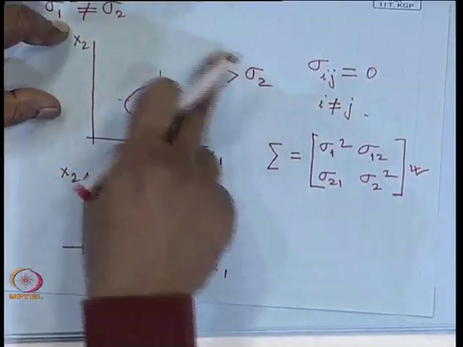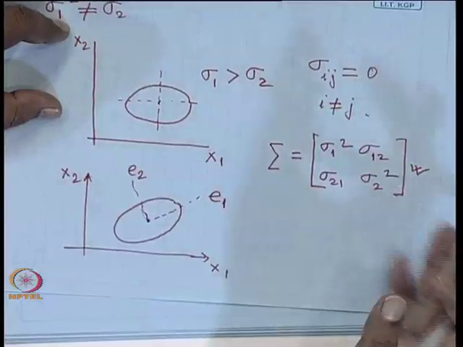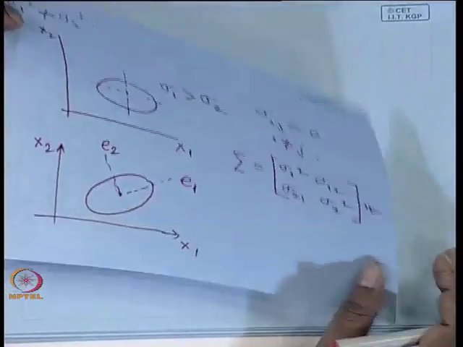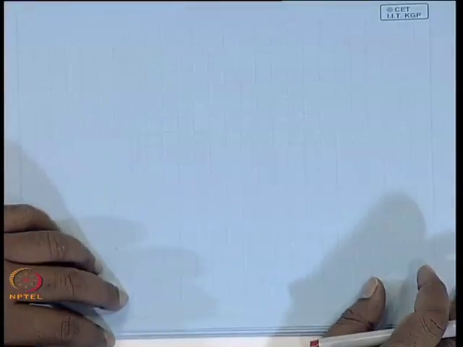Okay. So, over here, as in this case, the loci of points of constant density forms ellipses. In multi-dimensional space, the loci of points of constant density form ellipsoids.